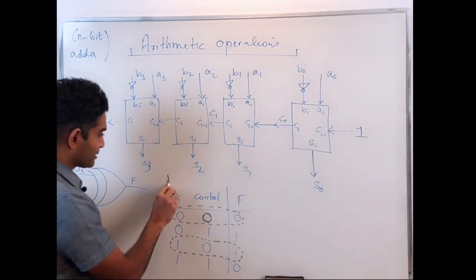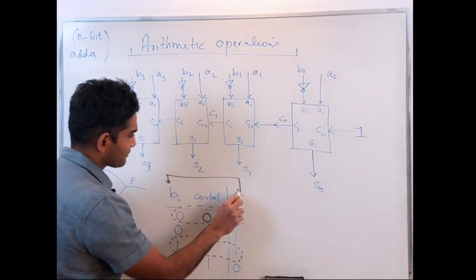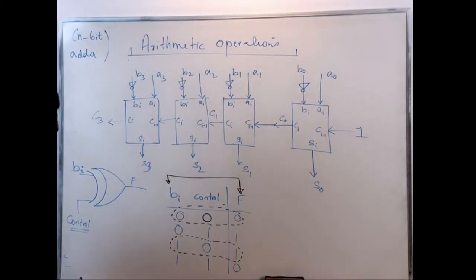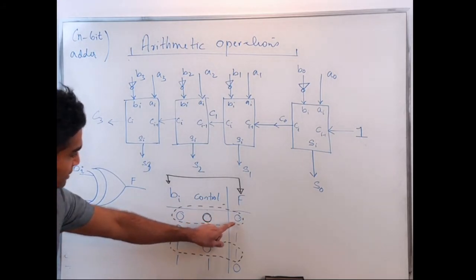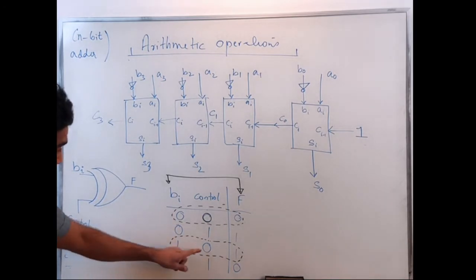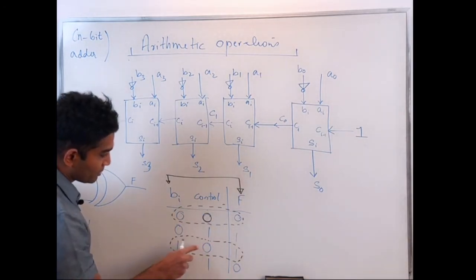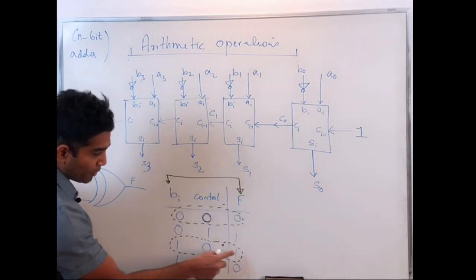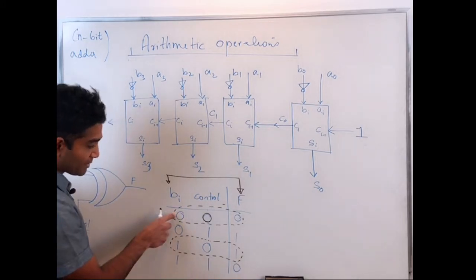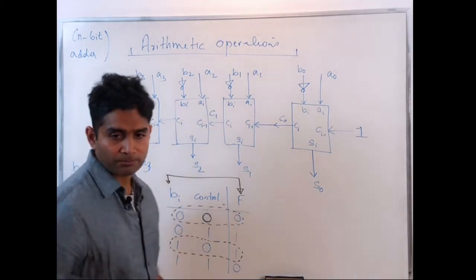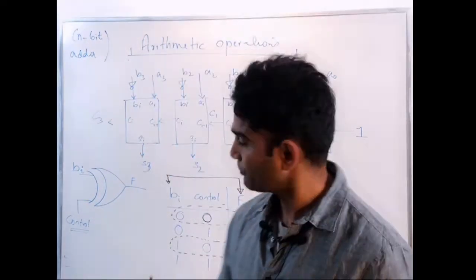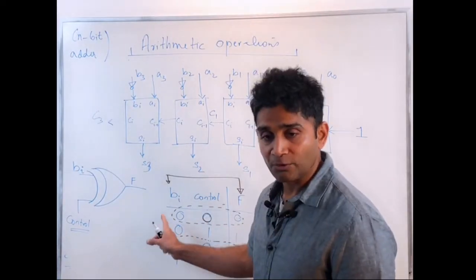You examine it in terms of BI and F. When my control is 0, my output is the same as the input, BI. My BI is 1, my F is 1. My BI here is 0, my F here is 0. So as long as the control is 0, the output follows BI.